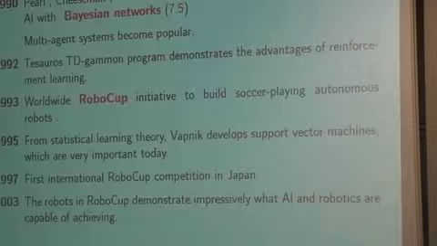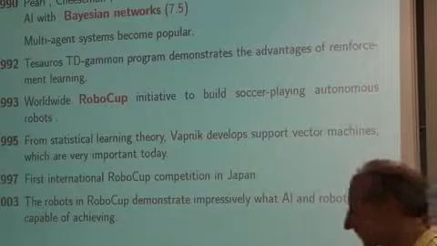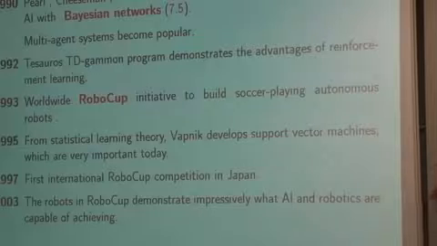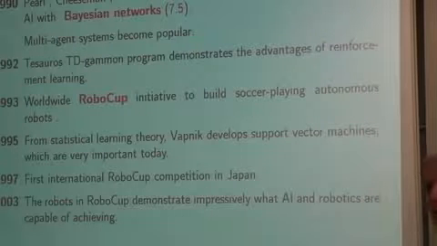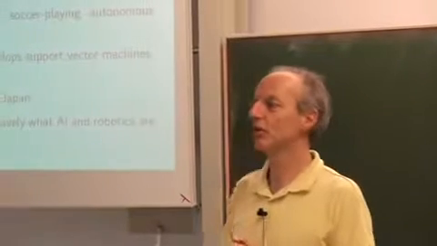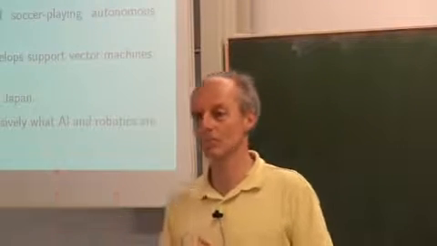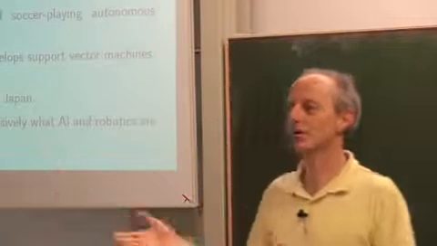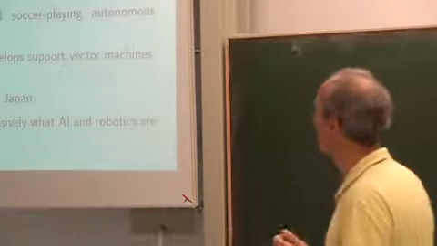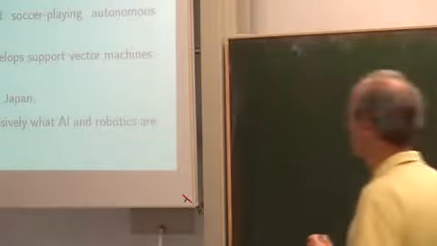Every year there is the World Championship. And the goal is, in the year 2050, to have a team of humanoid robots that beat the human world champion team. That's their dedicated goal.